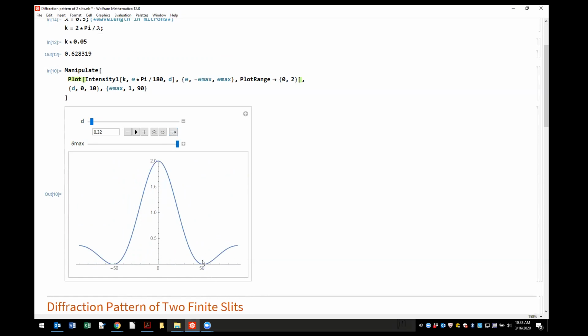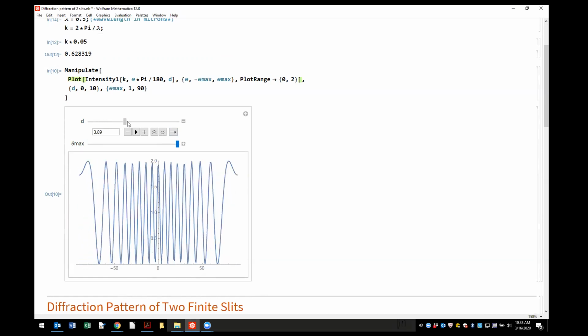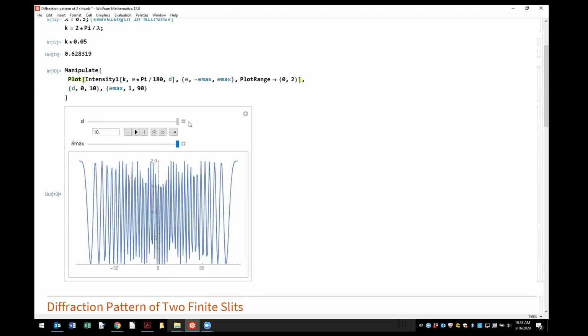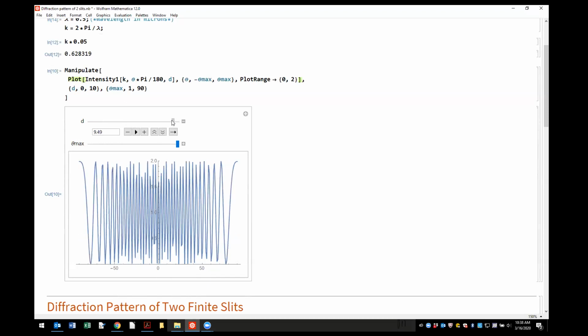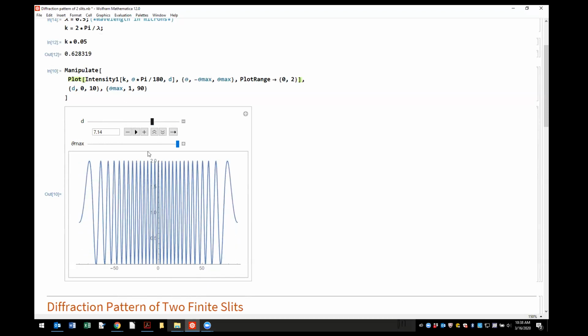We have a peak, we have one interference minimum, and then by 90 degrees, it's just kind of petered out. If I make the spacing between slits very large, then we see a whole lot of peaks. We see something that might look more like that experiment I showed you before.